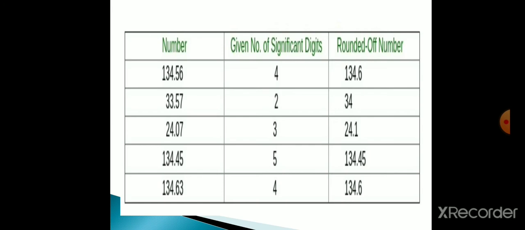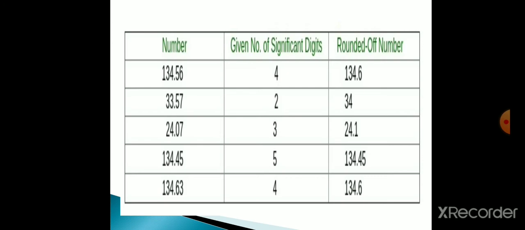Let us discuss some examples and calculate the rounded off values. Suppose the number is 134.56, which must be rounded off to 4 significant figures. Then you have to select the first 4 digits in the measurement.